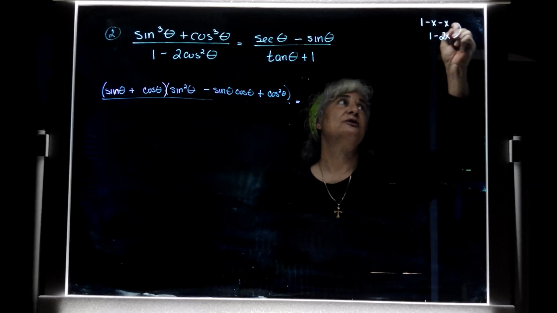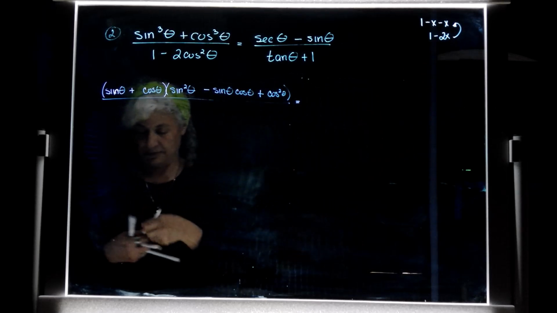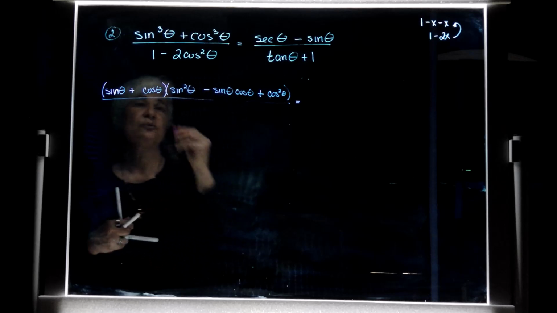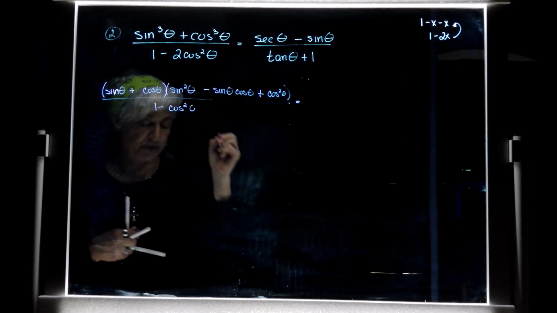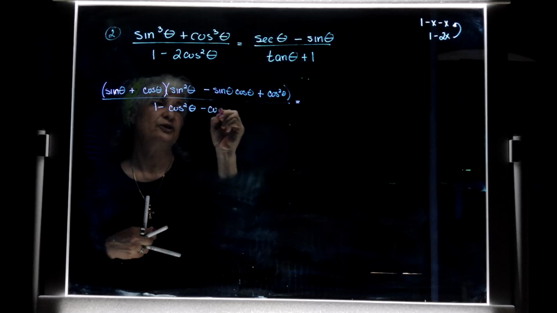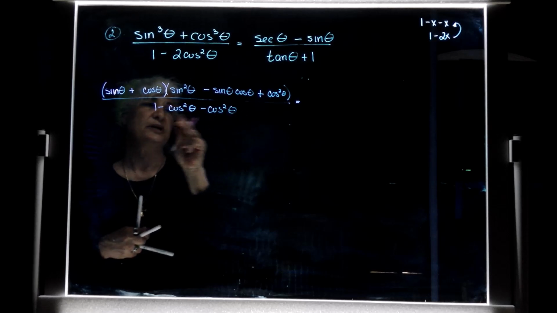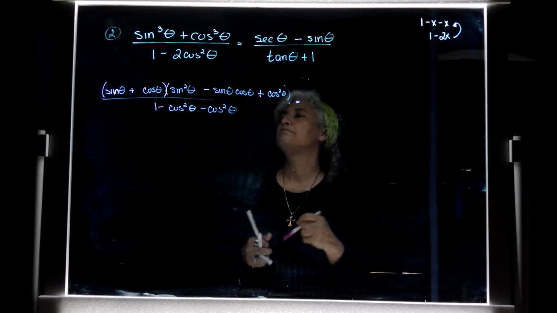Well, I'm going to go backwards, and I'm going to separate out the subtraction problem. So I am going to write this as 1 minus cosine squared, minus another cosine squared. Because wouldn't that be a negative 2 cosine squared? Okay.